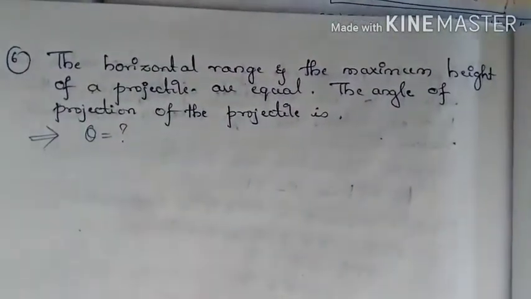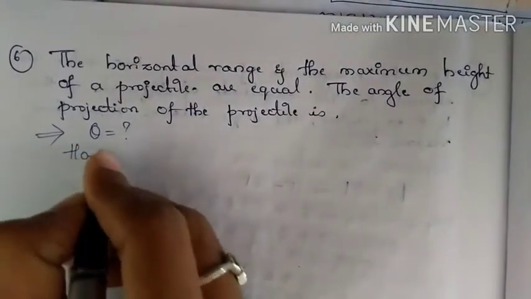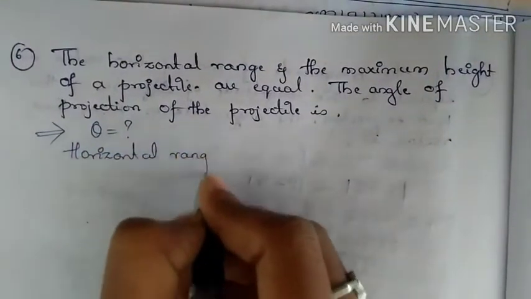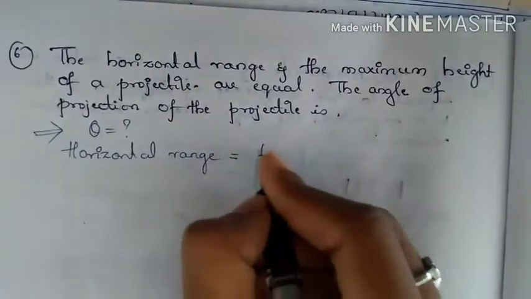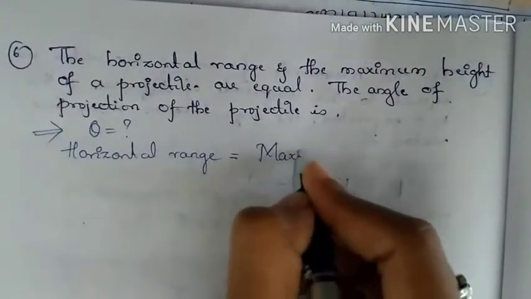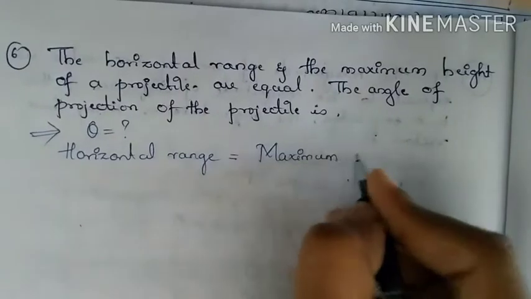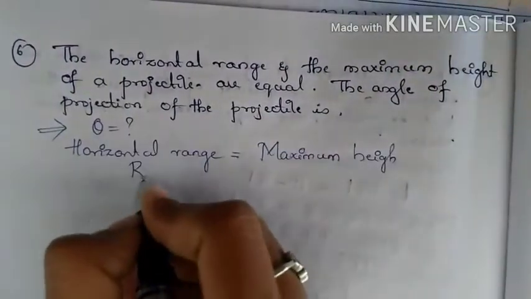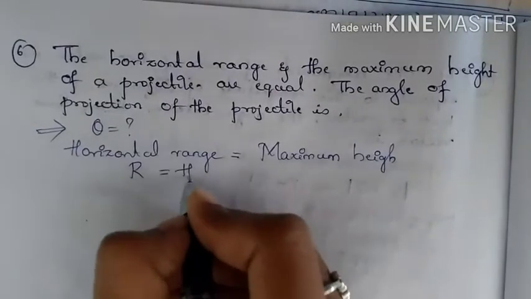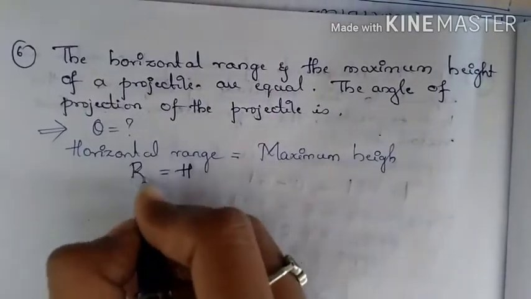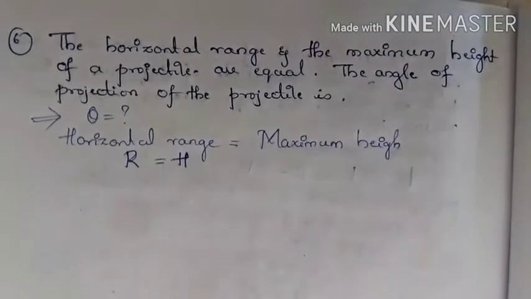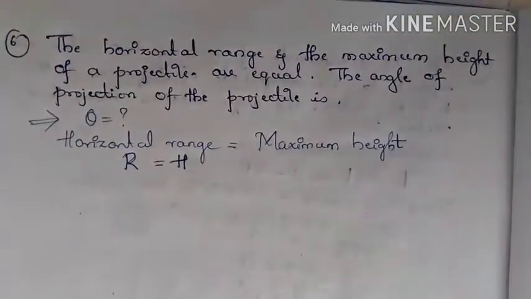So what he has said, horizontal range is equal to maximum height. So how will you write this? R is equal to H. Horizontal range is equal to maximum height.